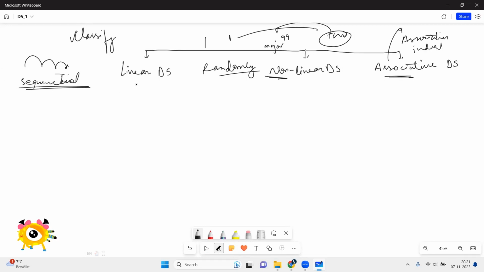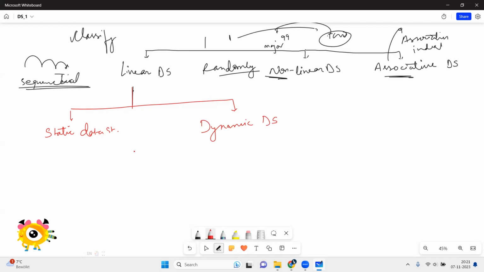Now, inside the linear data structure, we again divide it into two types, which are static data structure and dynamic data structure.